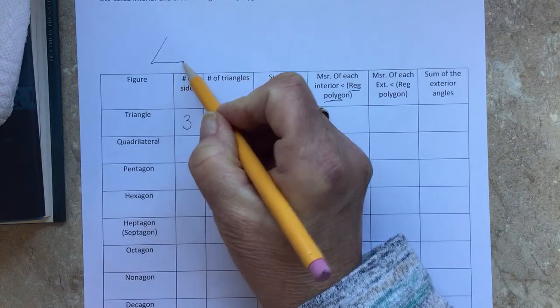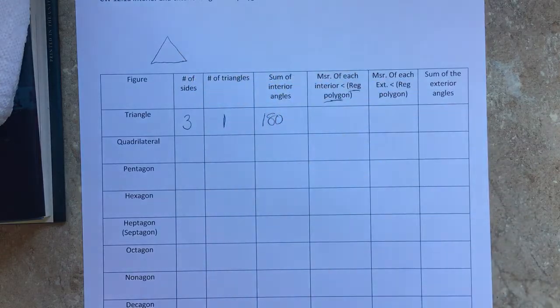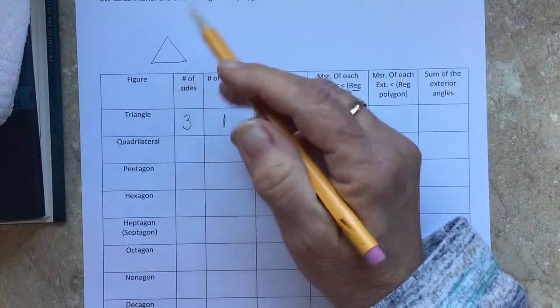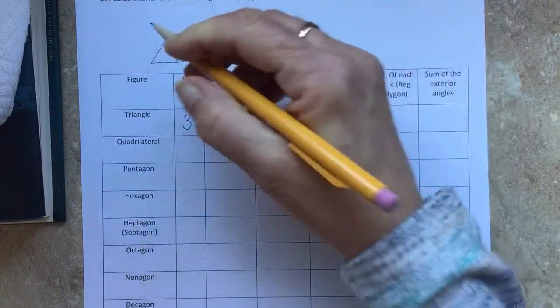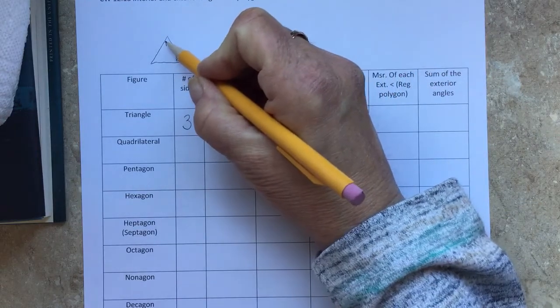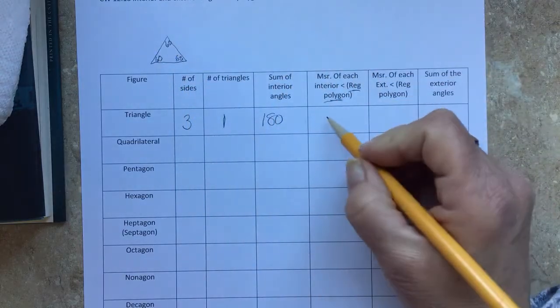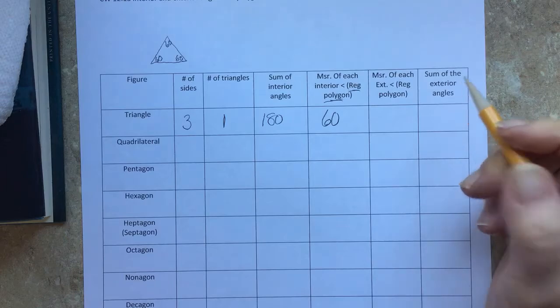So a regular triangle, all sides congruent, all angles congruent, would be an equilateral triangle. And because each angle is equal, each angle on the interior would be 60 degrees. That's the 180 divided by 3. So 60 and 60. All right, so 60 degrees for each interior angle.